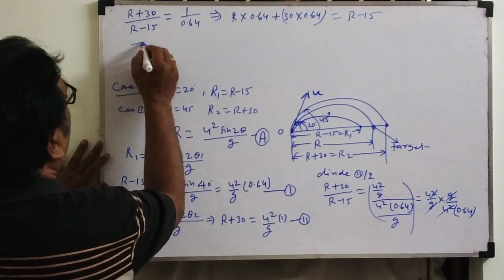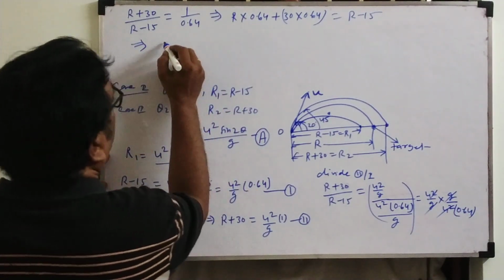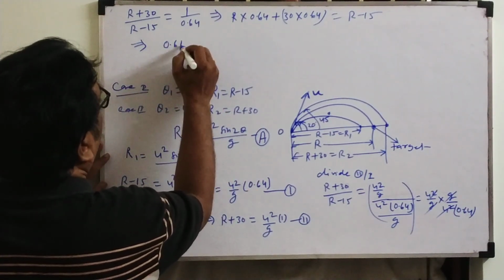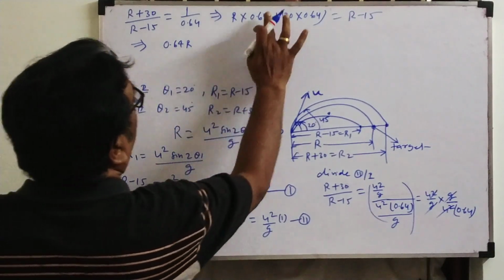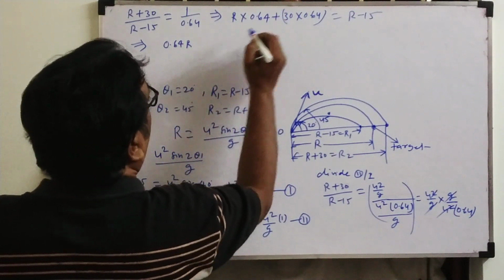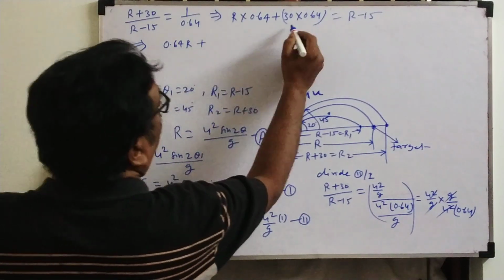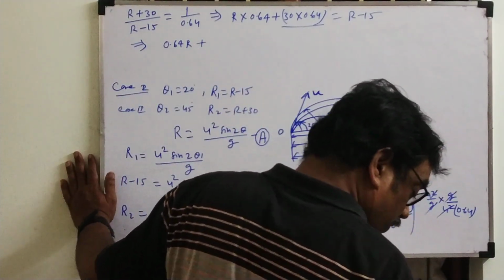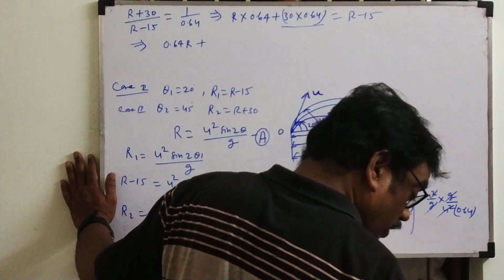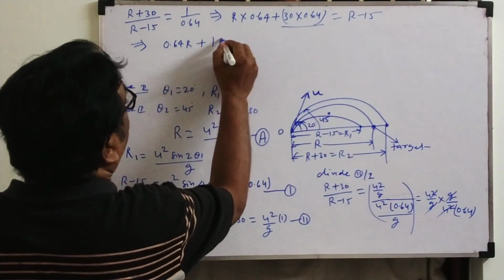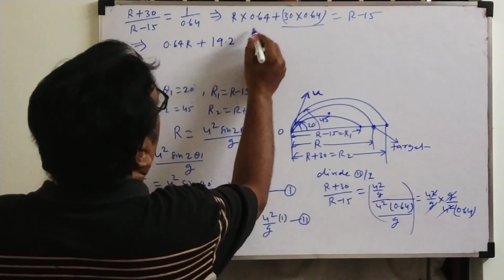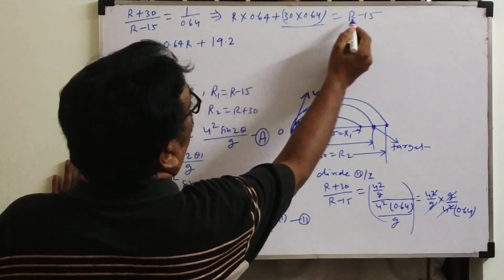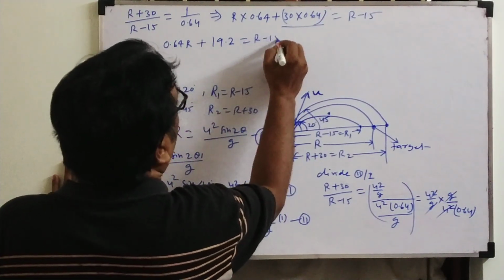So 0.64R plus 30 into 0.64. 30 into 0.64 comes to 19.2. So 0.64R plus 19.2 equals R minus 15.